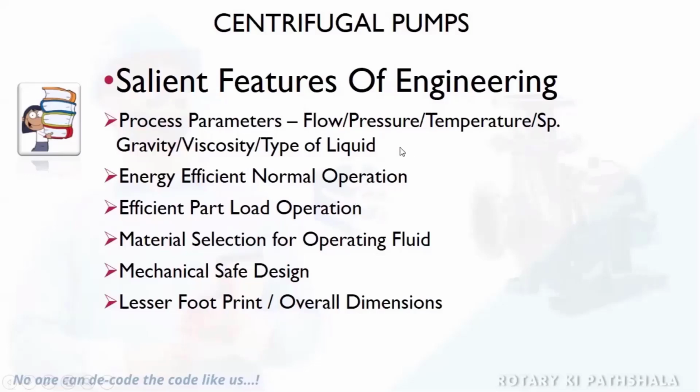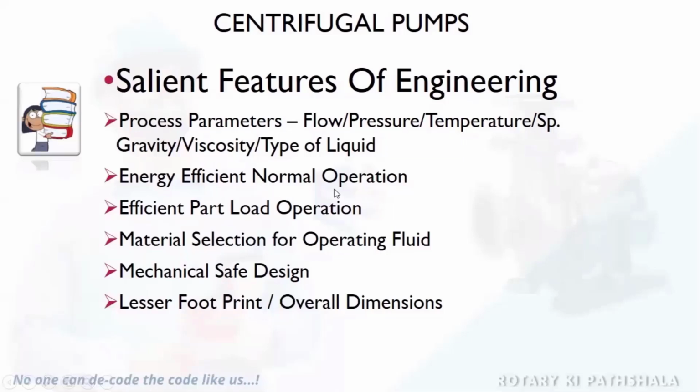In the case of rotary equipment, whether it's a centrifugal pump or a compressor, normal operation should be energy efficient. Everywhere we are talking about energy saving. Energy saving means that if the design is efficient and the operation is efficient, only then is there energy saving. So energy efficient normal operation is always a requirement for the engineering activity.